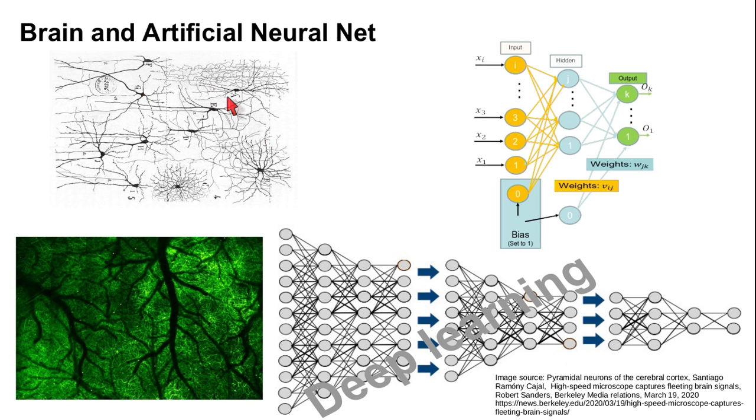So for instance, there are connections here between F and A. E and A seem to be connected here. G and E are connected here, and G and F are also connected. Similarly, G is connected to H, H is connected to D, D is connected to E. J is connected to H, which in turn is connected to D, D is connected to B, B to C, and C to this particular neuron. And this neuron is connected to J.